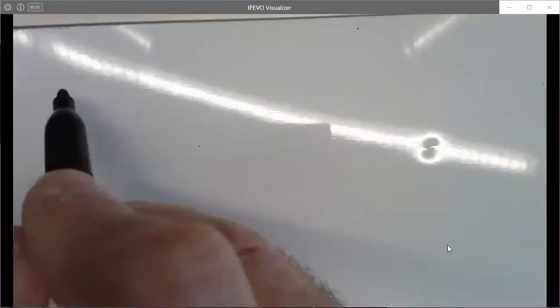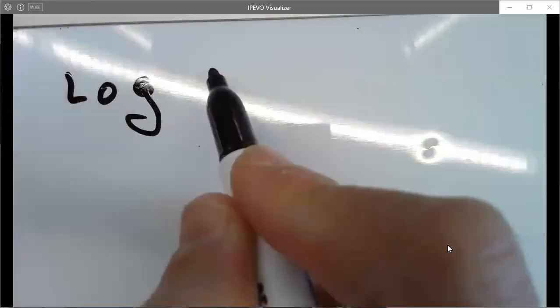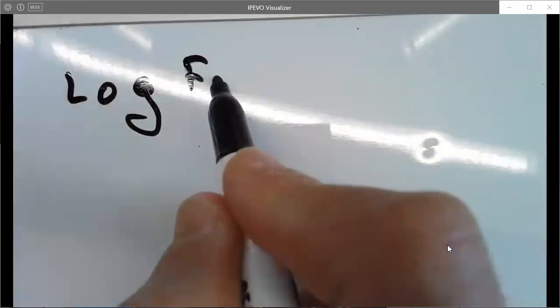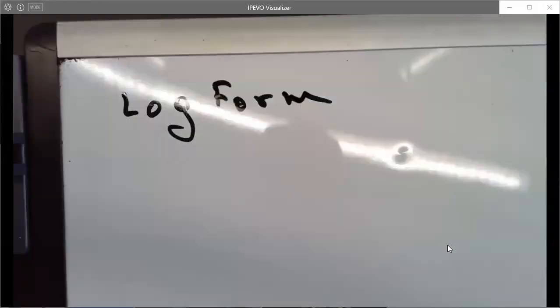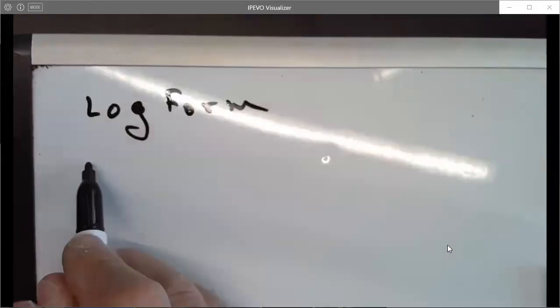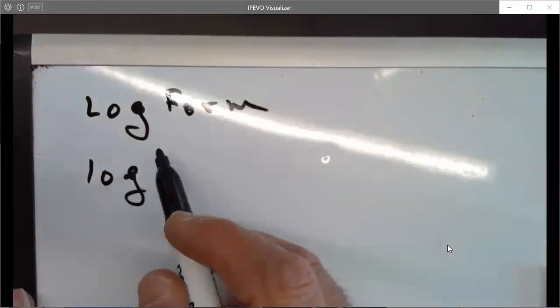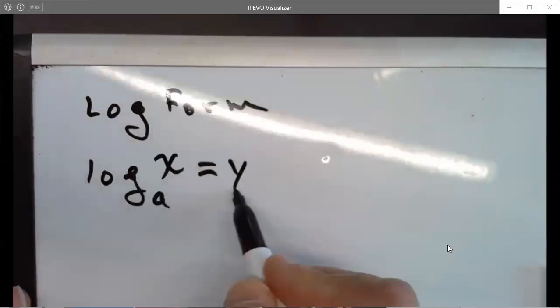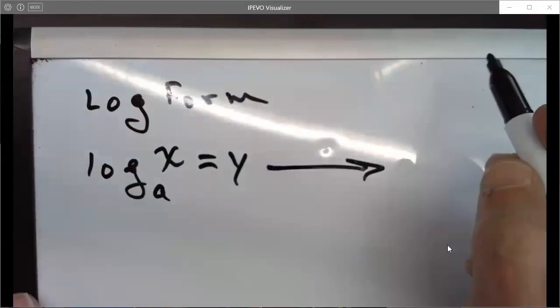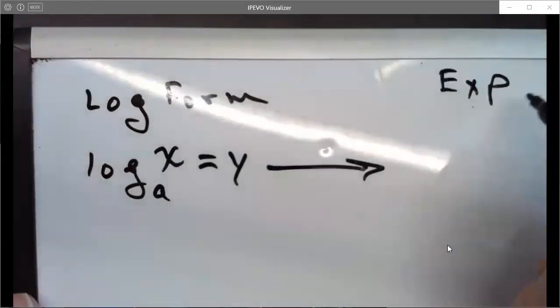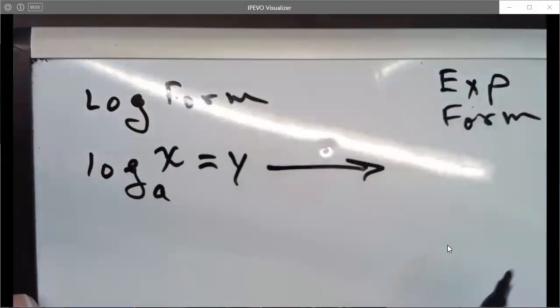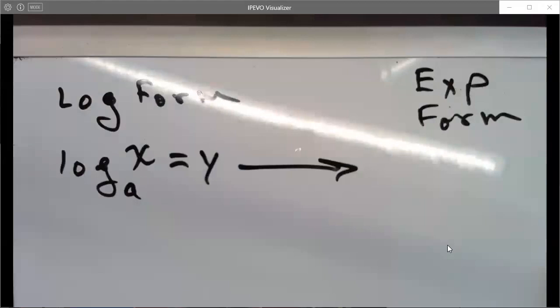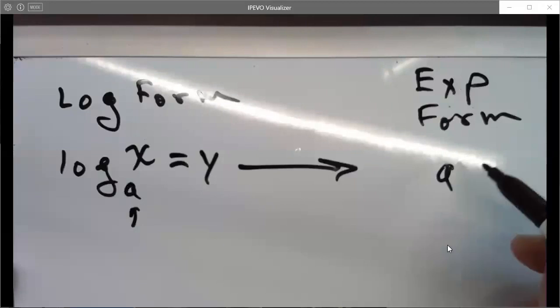We said once before that if we have an equation in logarithmic form, such as log x base a equals y, and we want to convert that to exponential form, then the base of your logarithm is the same as the base for your exponent.